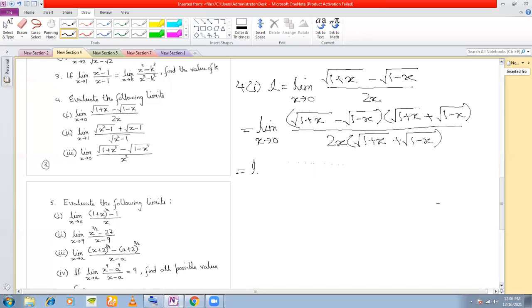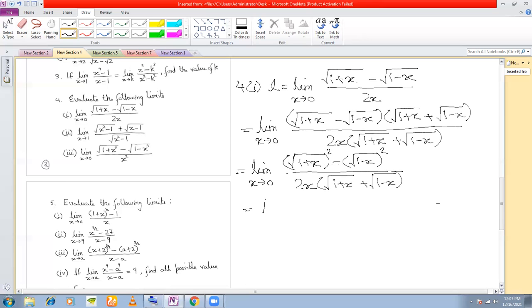Okay, multiplied. In the next step, now the numerator is a plus b into a minus b form. So you have a square minus b square, divided by 2x into root 1 plus x plus root 1 minus x.